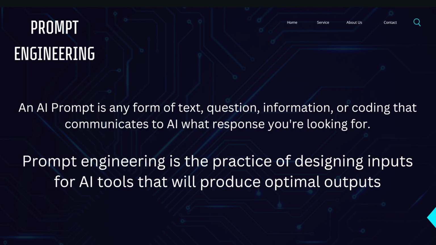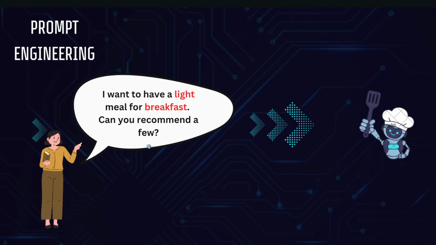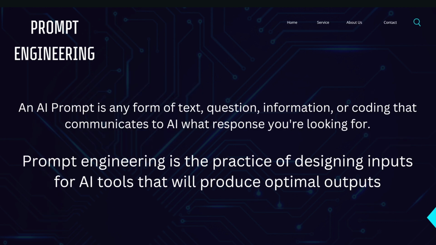So with this, let's try to understand what a prompt and prompt engineering are. As you just saw in the previous slide, a prompt is any form of text, question, or information that communicates to the AI what you are looking for. Here I was looking for a recommendation for a light meal for breakfast, and that was my prompt. Prompt engineering is just the practice of designing inputs for AI tools that will help produce optimal outputs.